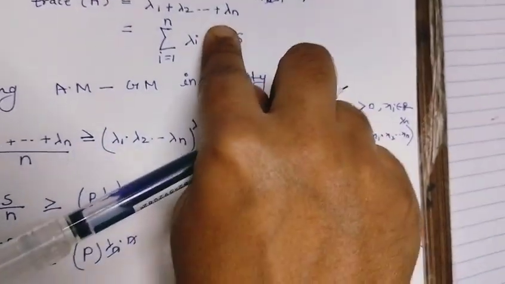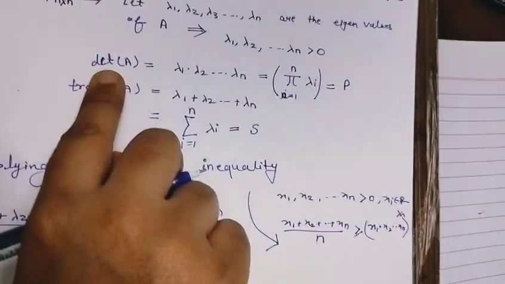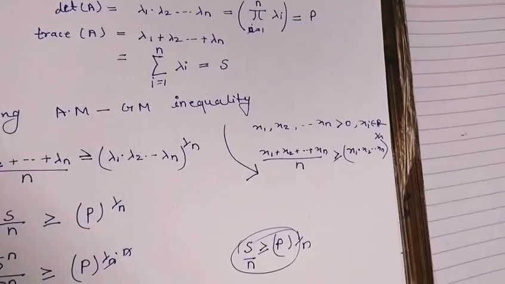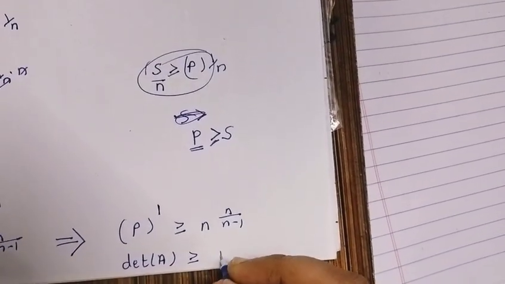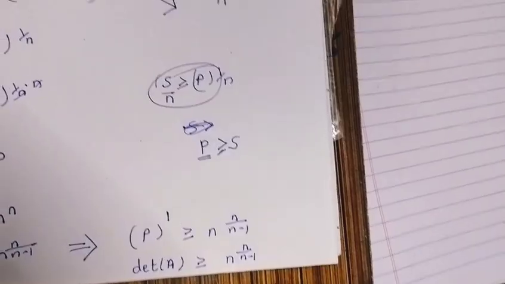Here we have assumed that my determinant of A is p. So it is determinant of A is greater than or equal to n raised to the power n by n minus 1. Okay.